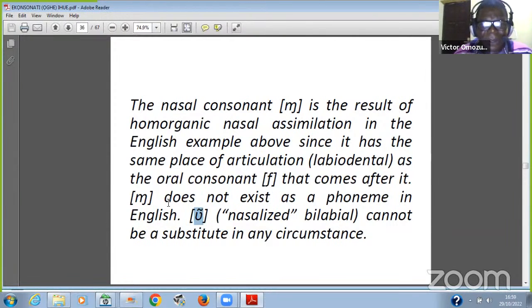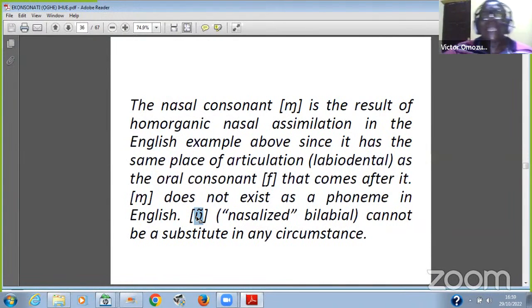So, all the words that were written like this in the past is because at the time they were writing all these things, linguistic science had not developed up to the stage it is today.